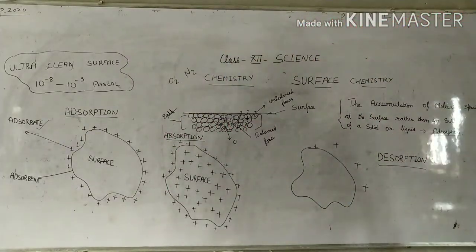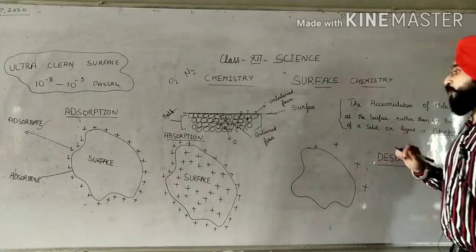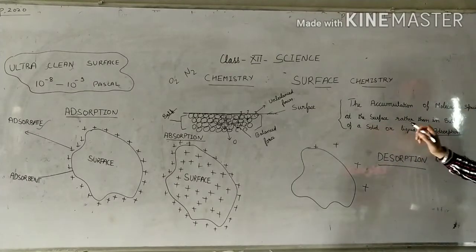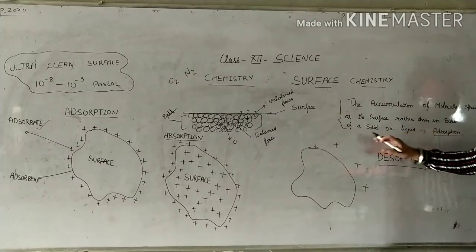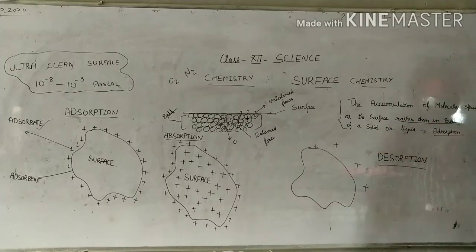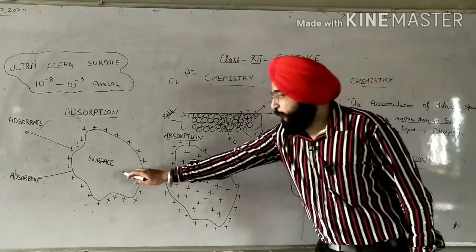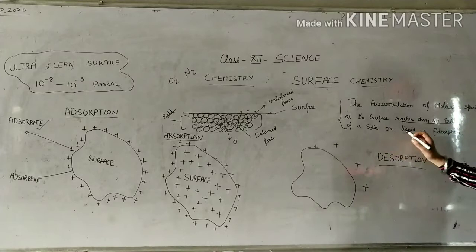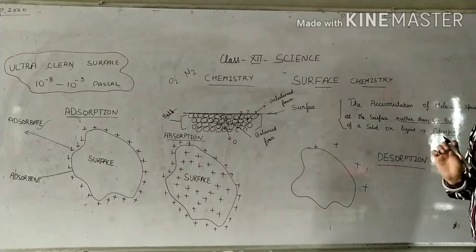The definition of adsorption is the accumulation of molecular species at the surface rather than in the bulk of a solid or liquid. See this, there is no particle in the bulk.